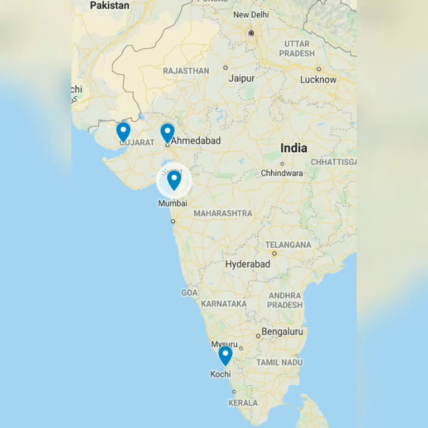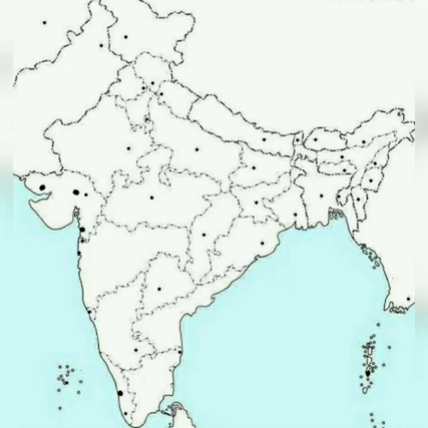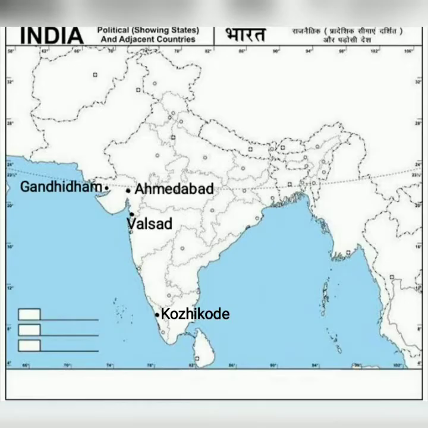Now you have to label all those points, showing what cities or states these points are representing. For example, here we are representing Gandhidham, Ahmedabad, Valsad and Kozhikode.